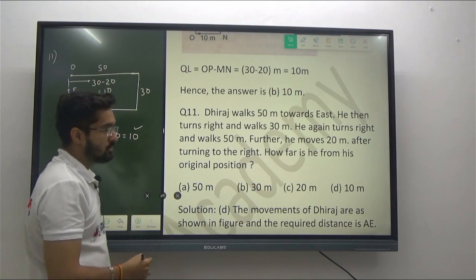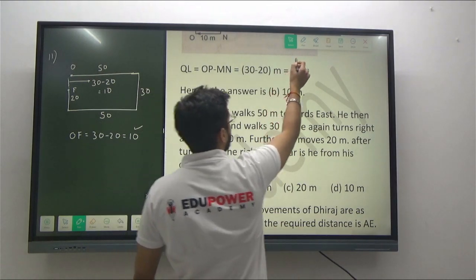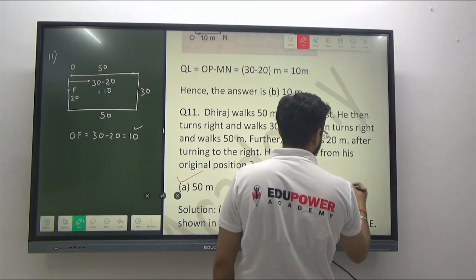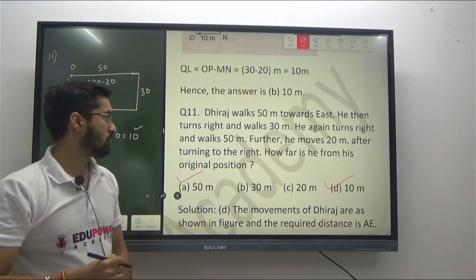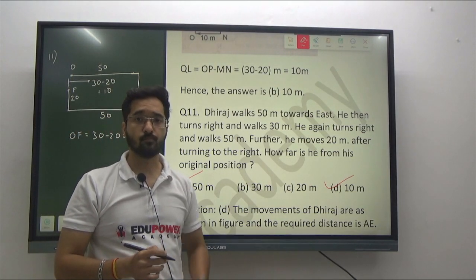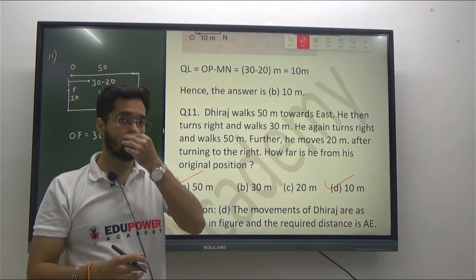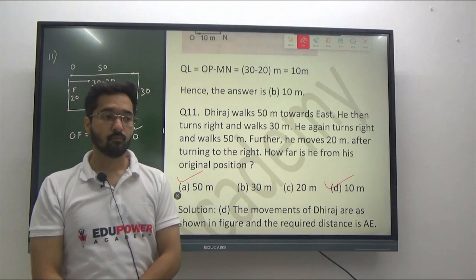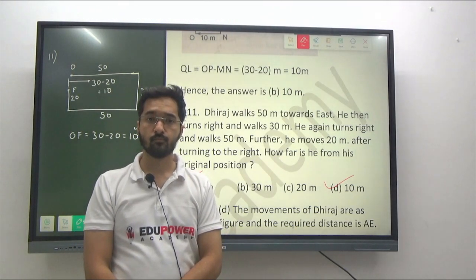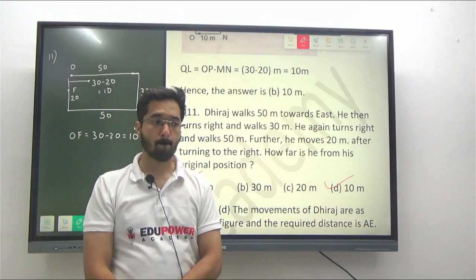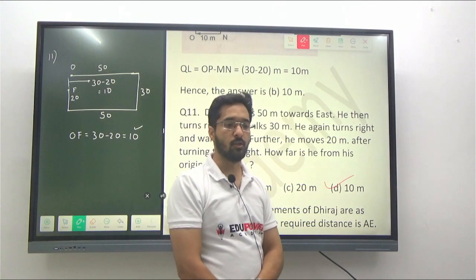So the answer is D, 10 meter. He is 10 meter from the original position. I hope the solution is clear to you.